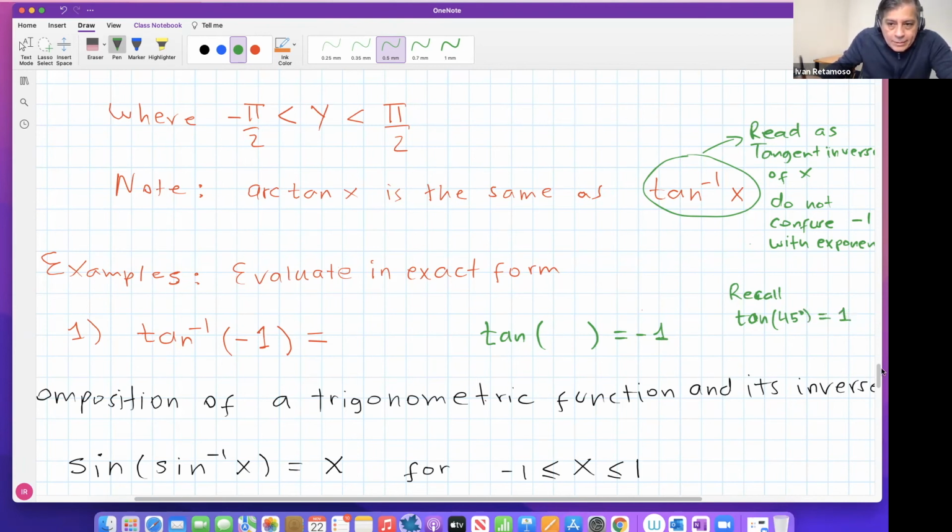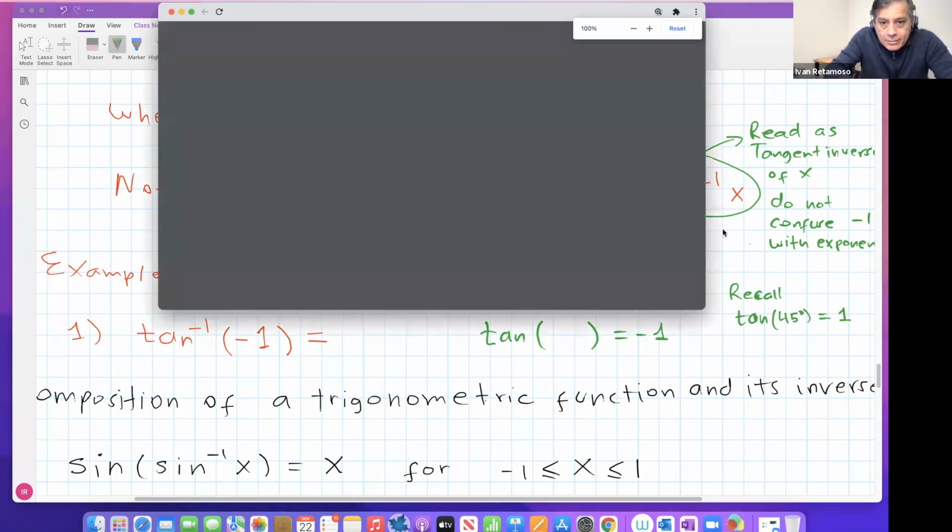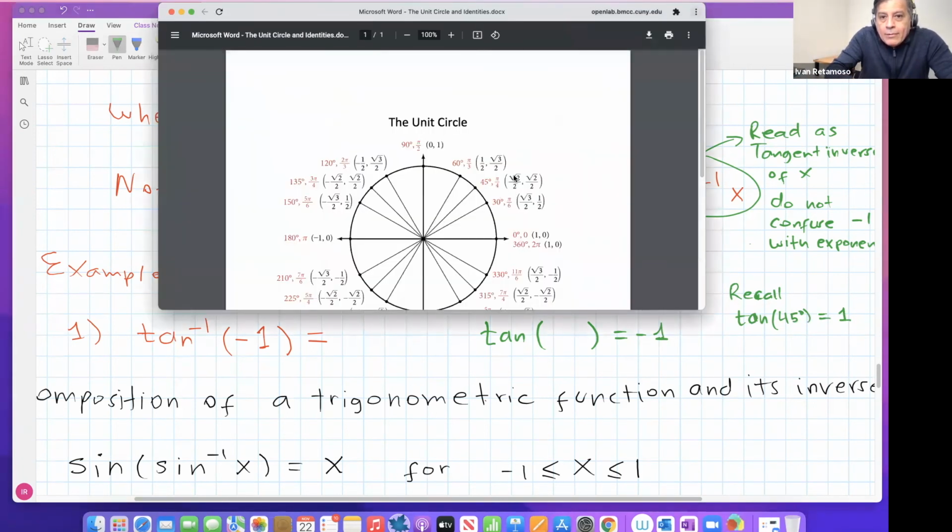If you want to get it from the unit circle, you can think of it this way: look for an angle whose sine and cosine look exactly the same in value. Remember, tangent is sine over cosine. So if you divide sine over cosine, and these two values are the same, that should be 1. That's how I get tangent of 45 is 1.